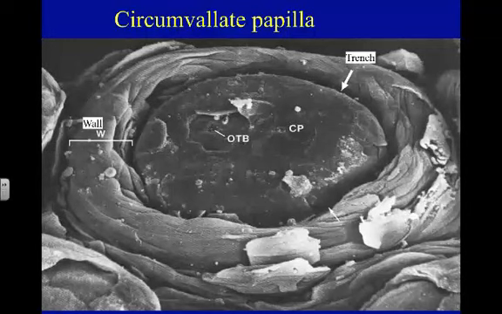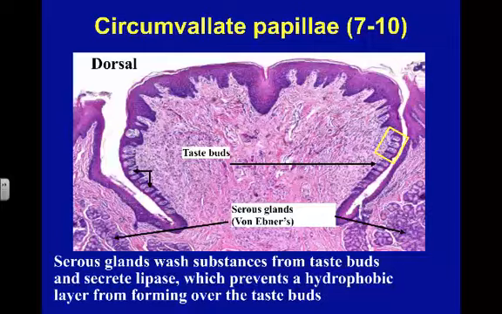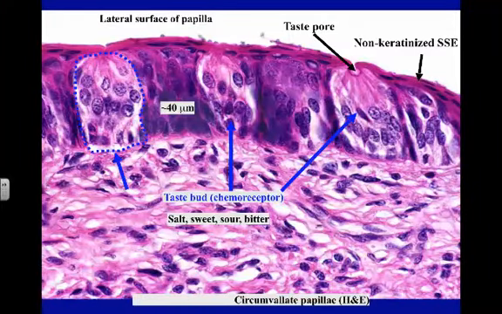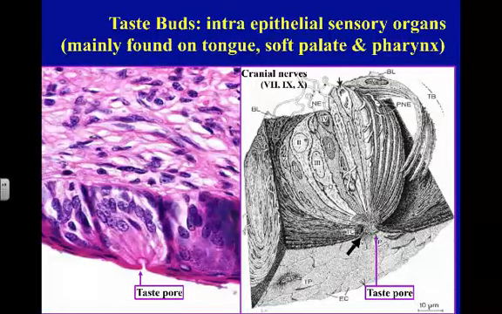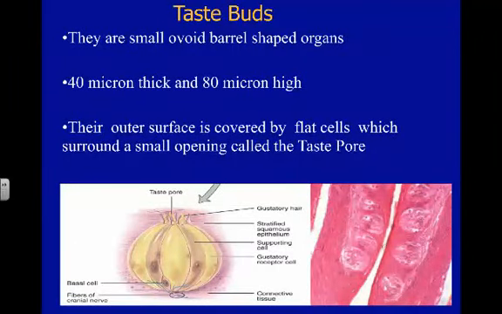I just love that picture. What you see here is an opening called the taste pore. Here are the neurological cells, the chemical receptors, and here are sustentacular or support cells. Very clear here.